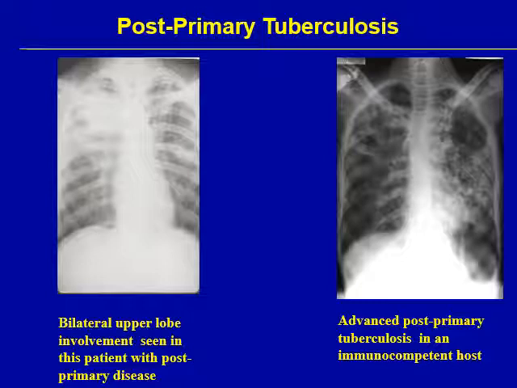Here there is a non-homogeneous opacity, and this also is cavity formation here. And we see here also advanced TB with fibrosis affecting the upper lobe, and multiple cavities inside it also, and non-homogeneous opacity on both sides also. And this is chronic TB.